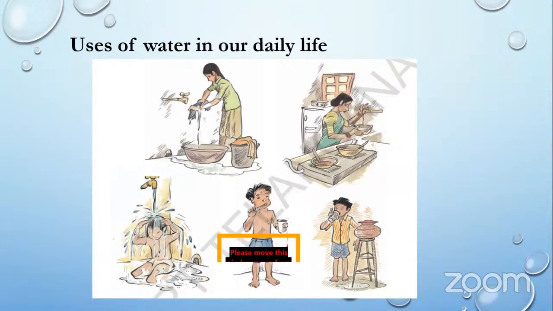So we use water for washing clothes, cooking, taking bath, brushing, drinking, okay, to grow crops. So water is very much essential in our daily life. So we will know more about this water in this session.